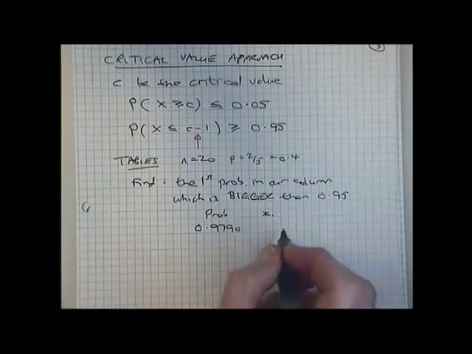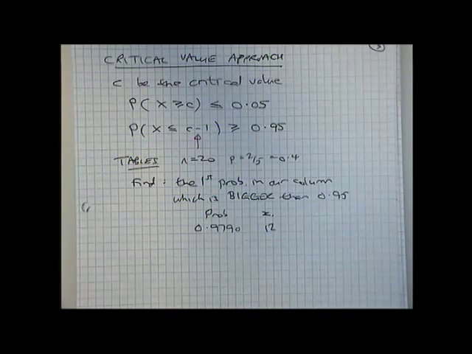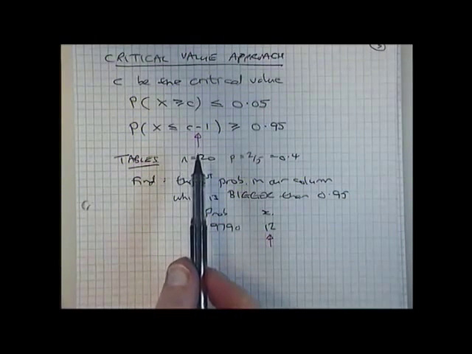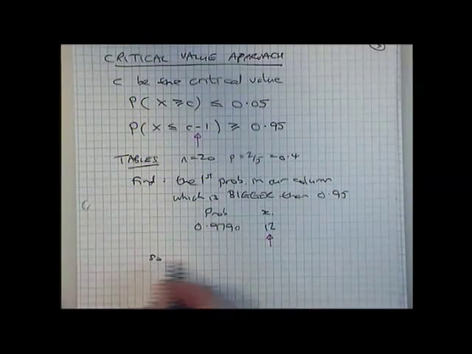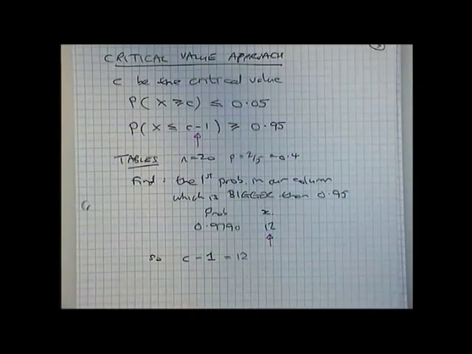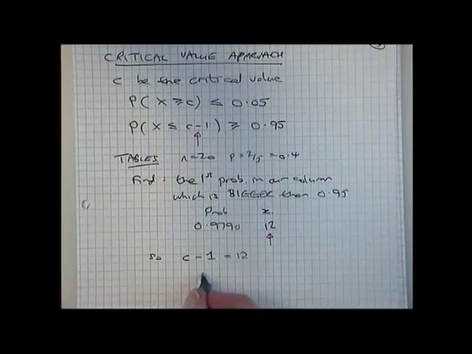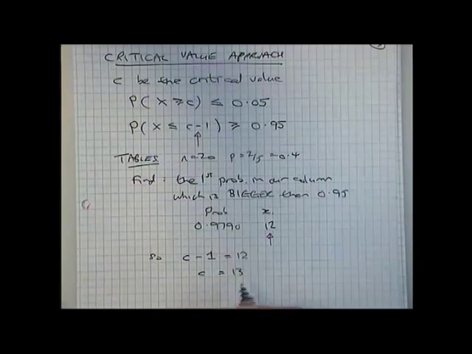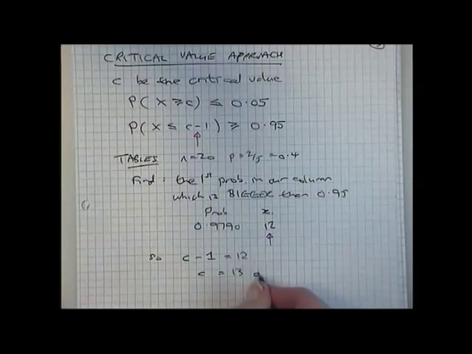0.9790, yes, and the x value that went with it is 12. Right. So that 12 pairs up with that c minus 1. So our c minus 1 is 12, which means that c is 13 or better.